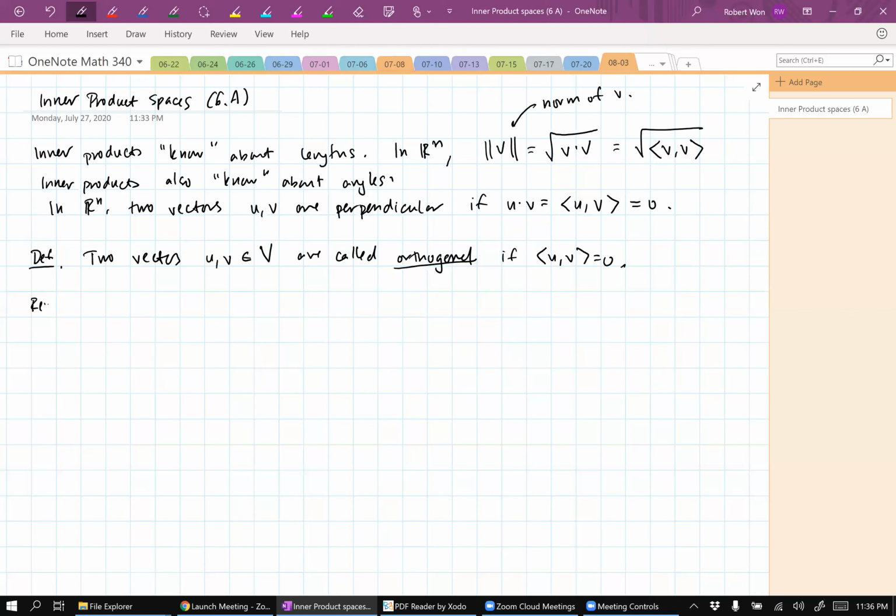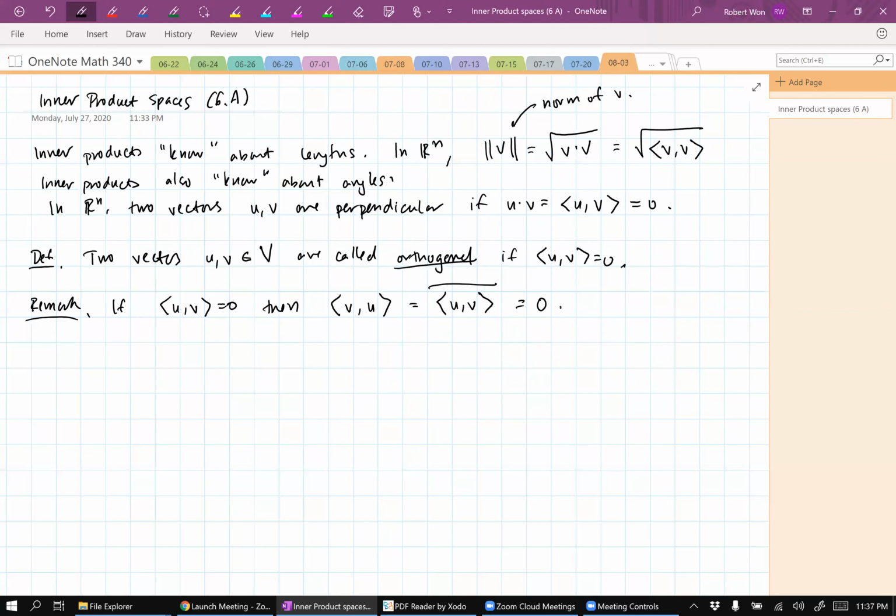Just a remark that if the inner product of u and v equals 0, then also the inner product of v and u, which is supposed to be the complex conjugate of the inner product of u and v, is 0, because of course the complex conjugate of 0 is just 0. In other words, in this definition of orthogonal, it seems like the order of the vectors matters.